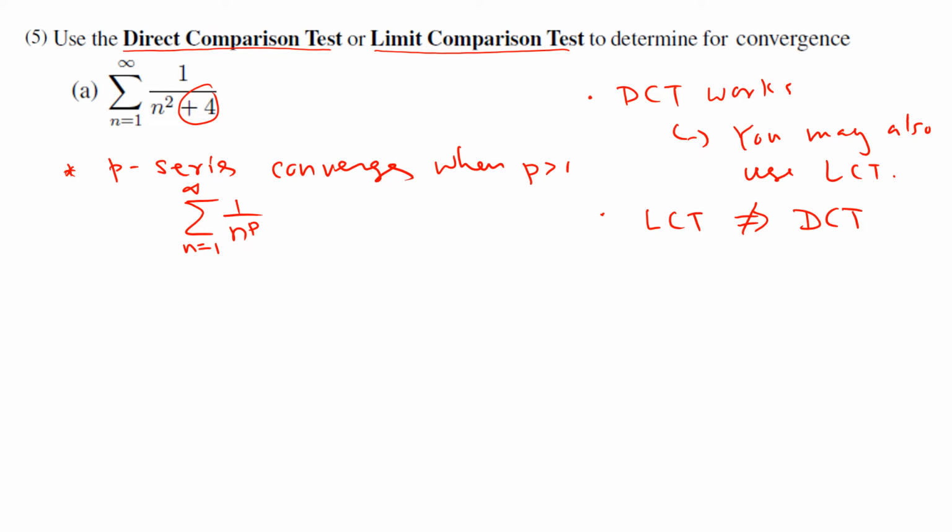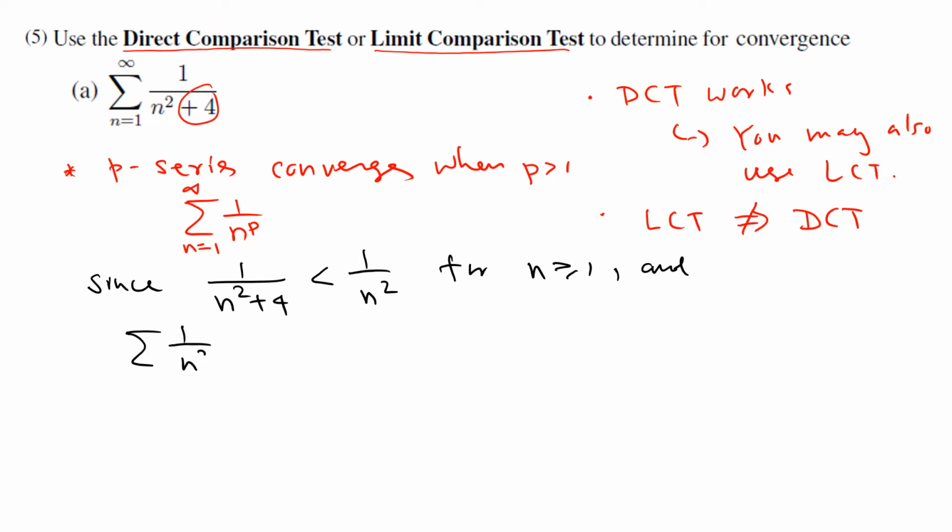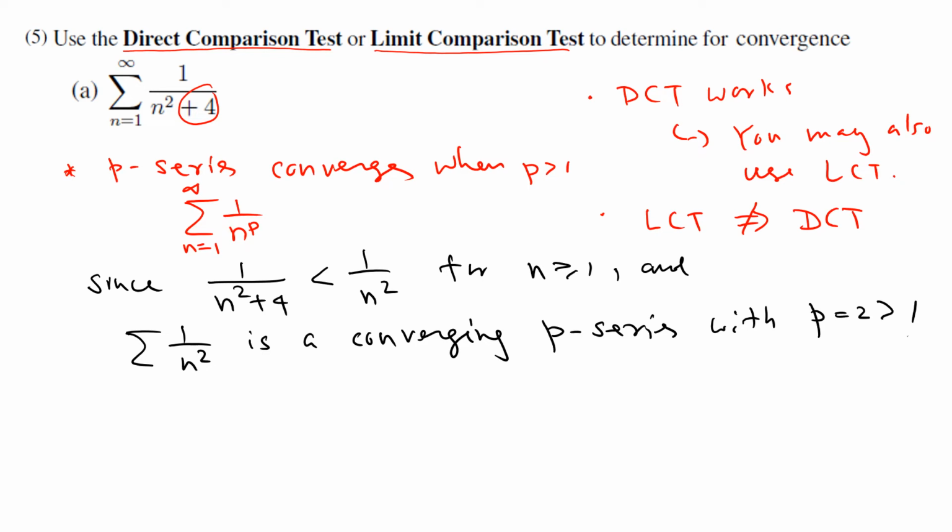So for example, since 1 over n squared plus 4 is less than 1 over n squared for n greater than or equal to 1, and the sum of 1 over n squared converges and is a converging P series, with P equal to 2, which is greater than 1, by the direct comparison test, the sum of 1 over n squared plus 4 converges.